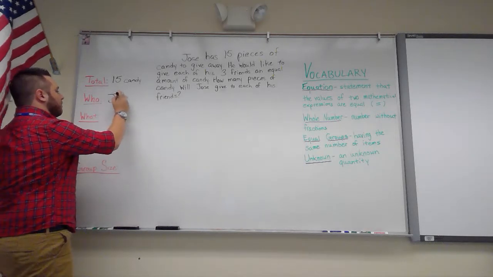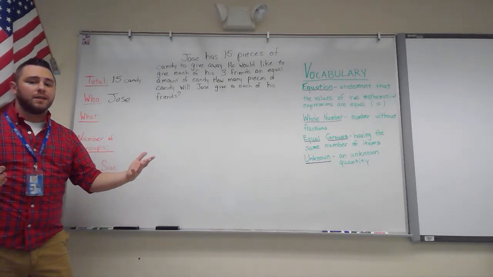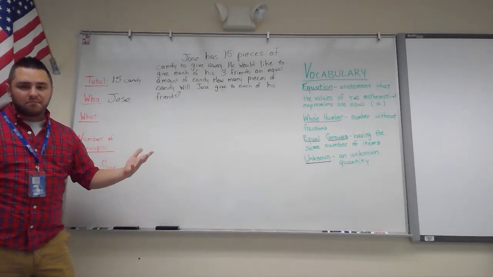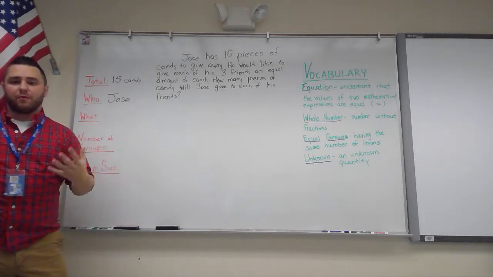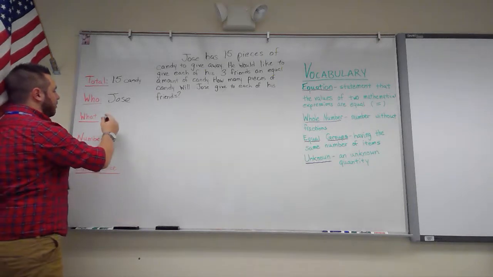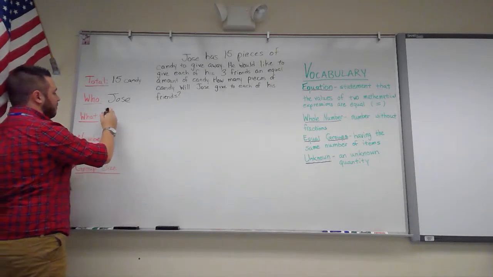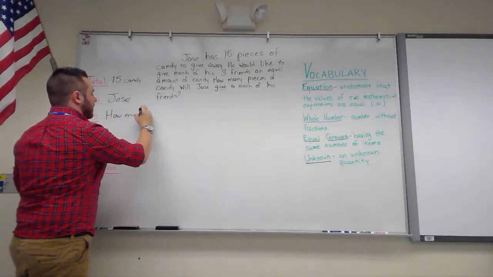So we know that it's about Jose. Do they necessarily need that to solve the problem? Not really, but again, I think that it does help to have the important information pulled out. What are we trying to find in this problem, or what do we want to know? And that is how many pieces of candy he's giving away.